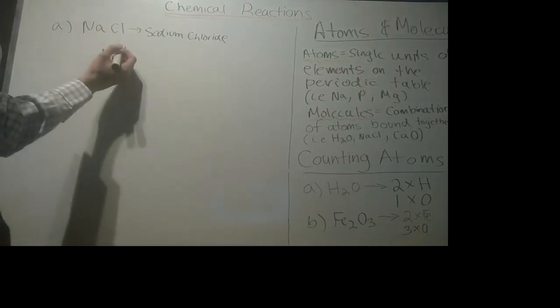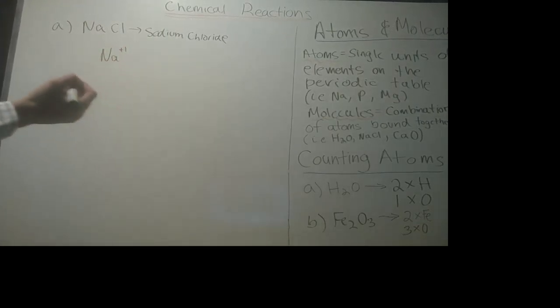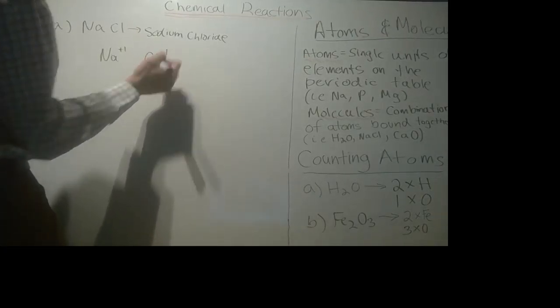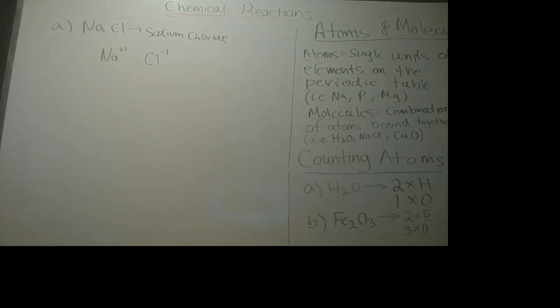Non-metals on the right side of the periodic table, you can find their charge in the opposite way, and they have negative charges, such as chlorine or oxygen. And chlorine has a -1 charge. I'll give you the charges now, but you can review the folder that we have that reviews all of the grade 9 unit, and it will show you how to find the charges of metals and non-metals from the periodic table.